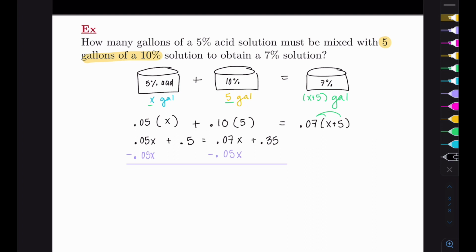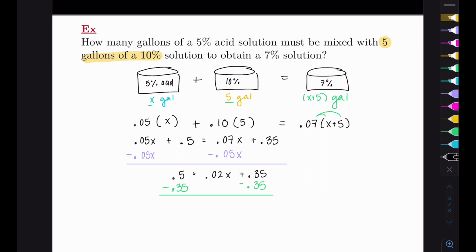And so that leaves us with 0.5 on the left. It gives us 0.02x on the right. And then this 0.35. Then we need to subtract the 0.35 over.